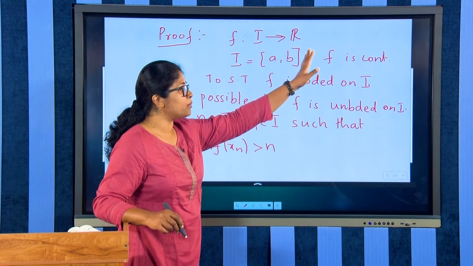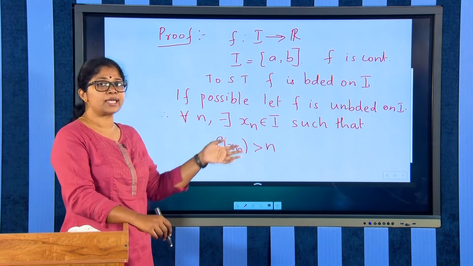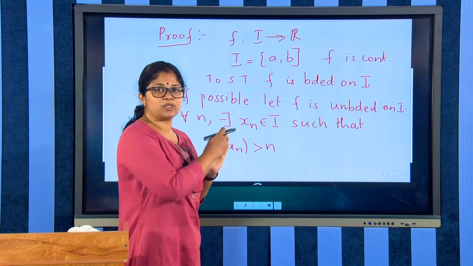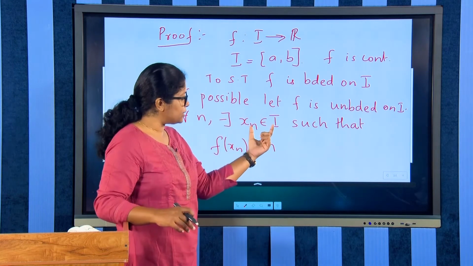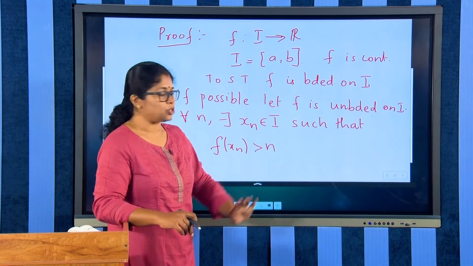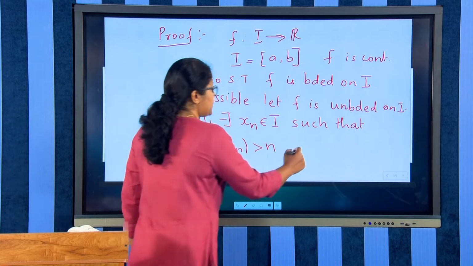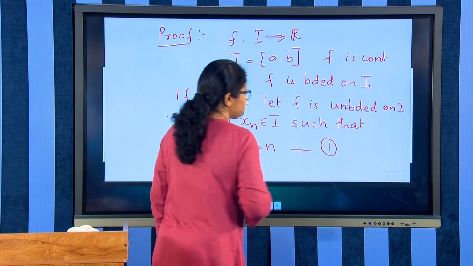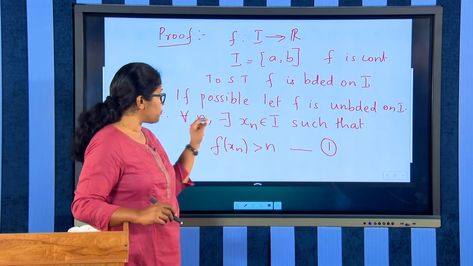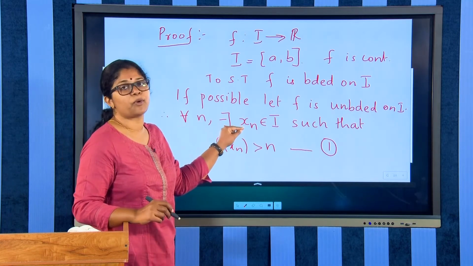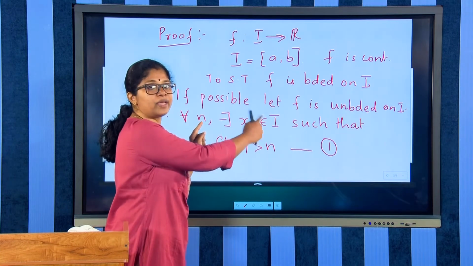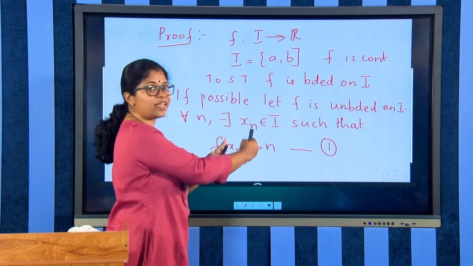So, f is unbounded means that corresponding to any natural number you take, there definitely exists at least one value in the interval [a, b], or I, such that the image goes beyond that natural number. Name it as equation number 1. And where does this sequence x_n belong to? Corresponding to every natural number we have a point: corresponding to 1 we have an x_1, corresponding to 2 an x_2, corresponding to 3 an x_3.